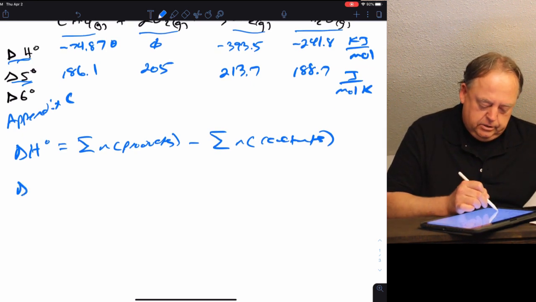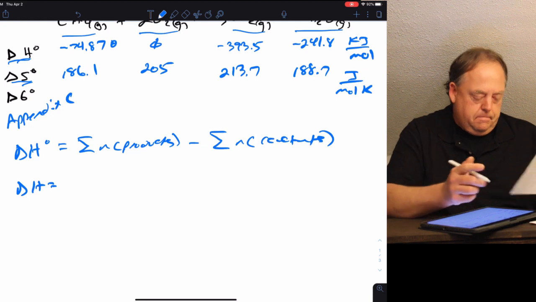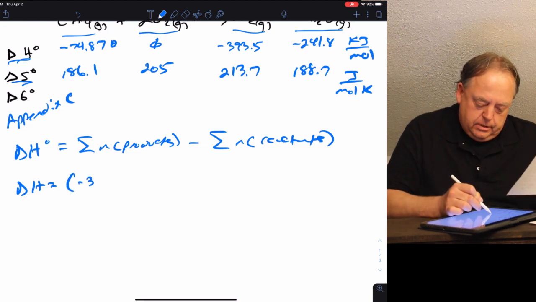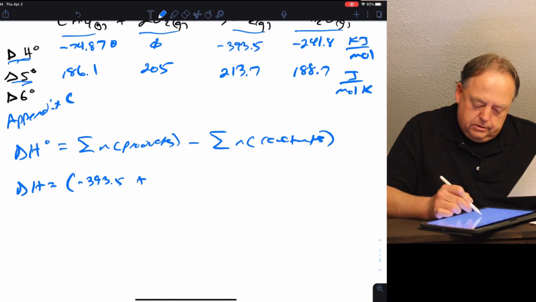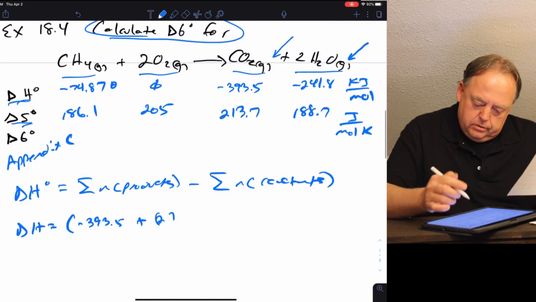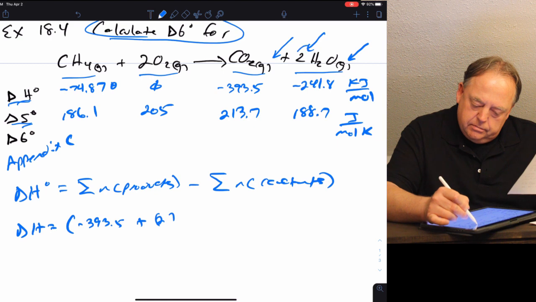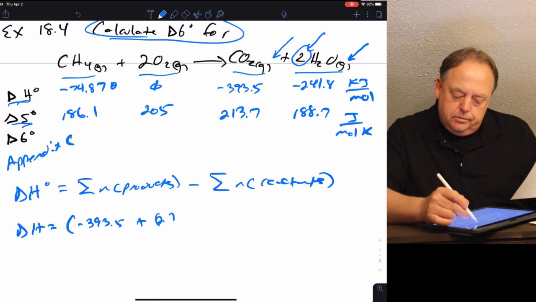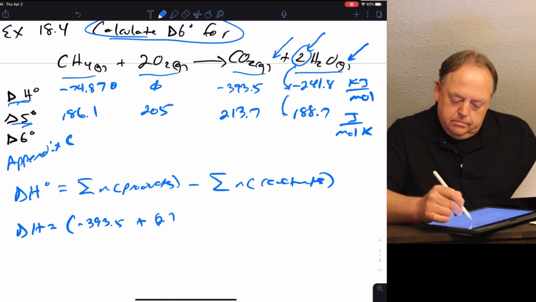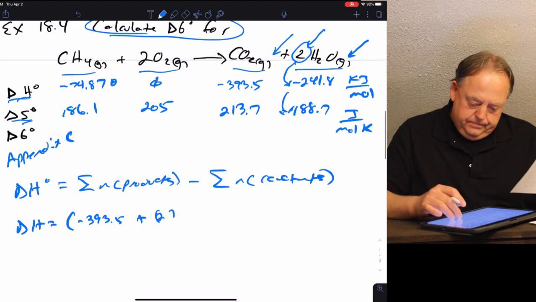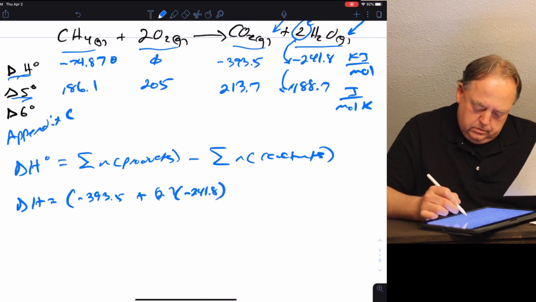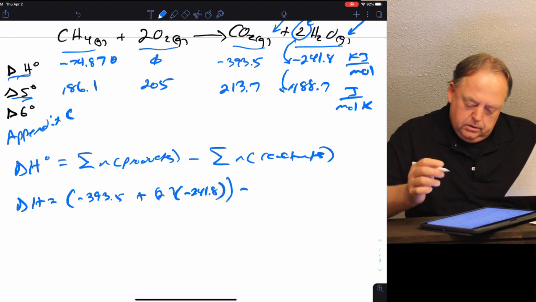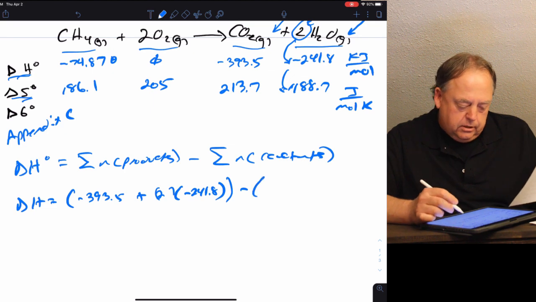So delta H is equal to negative 393.5 for the CO2, plus, since there are 2 water molecules, you have to make sure that you multiply these numbers by 2 when you do the math. Okay, so that's the products, and then subtract off the reactants.